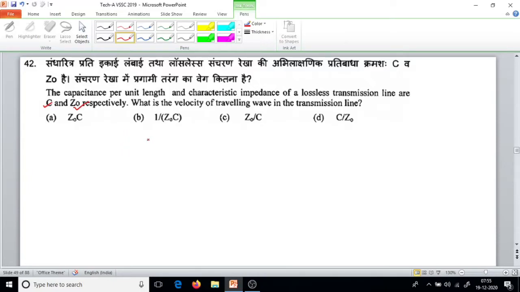What is the velocity of the traveling wave in the transmission line? The velocity of the traveling wave is given by 1 divided by characteristic impedance multiplied by the capacitance. So the answer is option B.